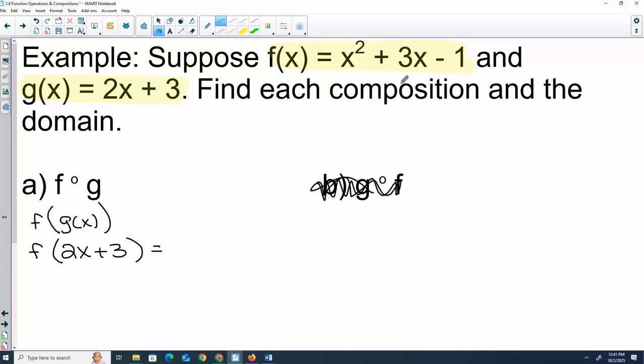So if I go to function f, every time we see an x, I'm replacing that with 2x plus 3.